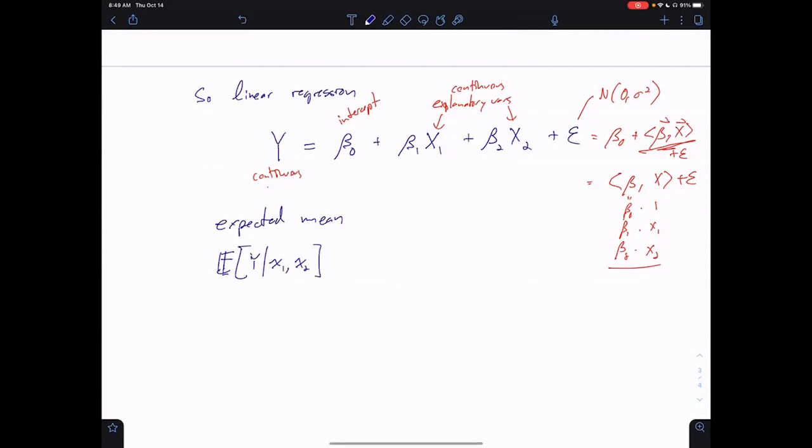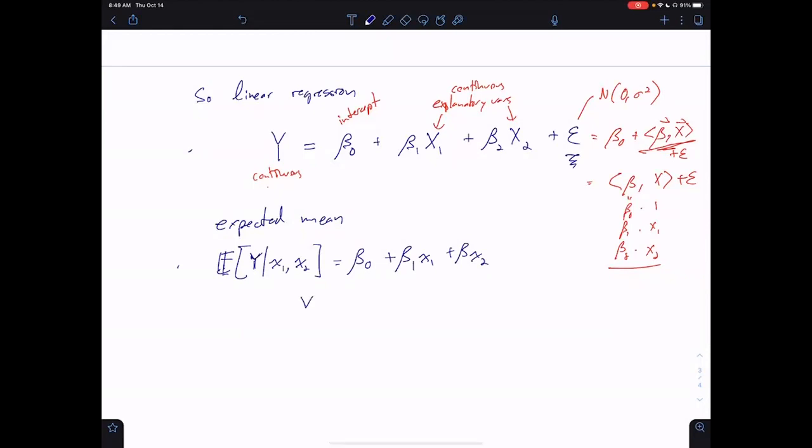So the expectation of the random variable y, given these two outcomes, is equal to beta 0 plus beta 1 little x1 plus beta 2 little x2. And this sentence has less information than the sentence above it, because the one on top has the noise model. It has the epsilon. And the one on the bottom, which is the mean, doesn't say anything about the noise. It's just telling you what is the conditional expected mean.